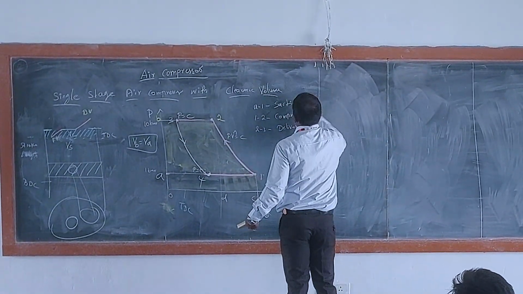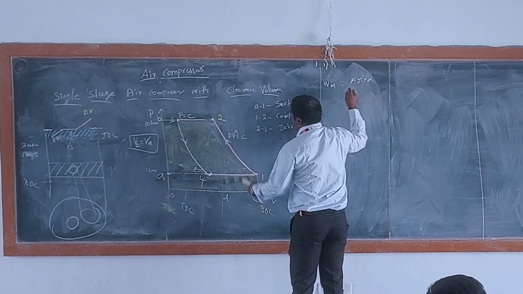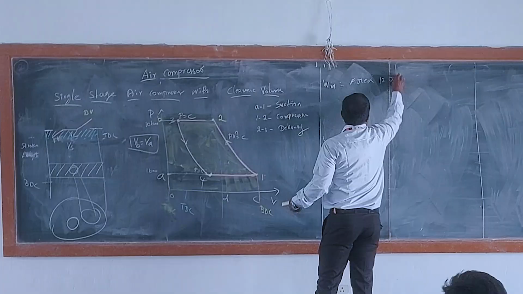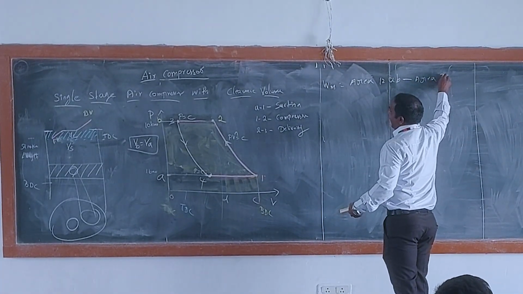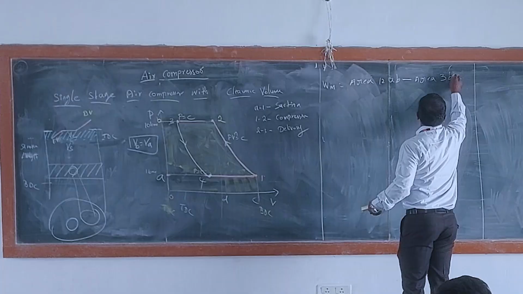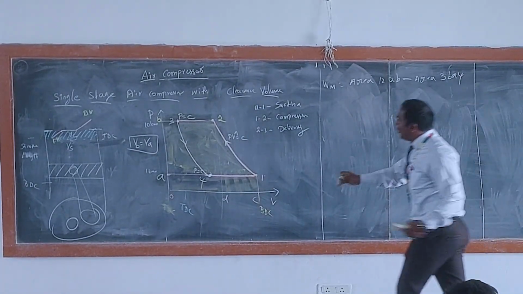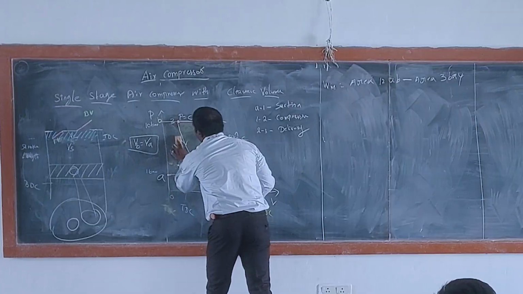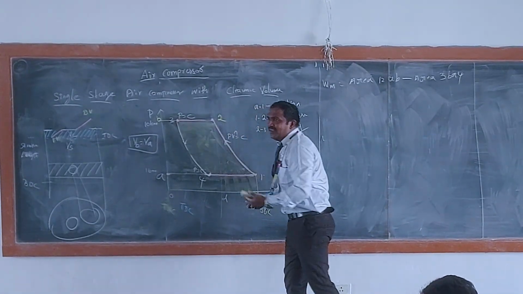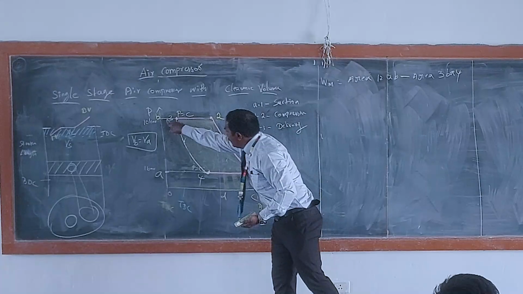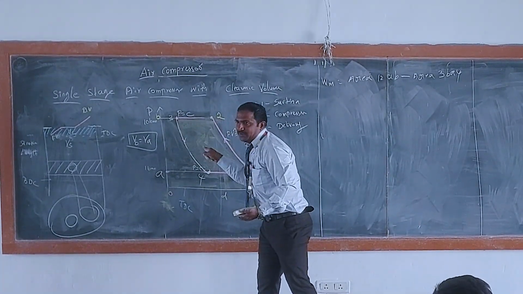Now I write for this, work input, area 1 to AB minus 3BA4. We get that area, right? We are going to discuss only this area: 1 to AB, this area, minus this area will give this area.